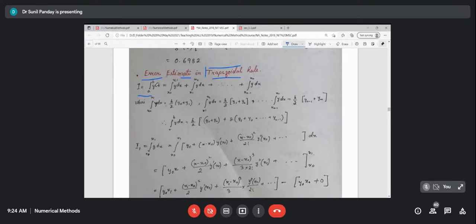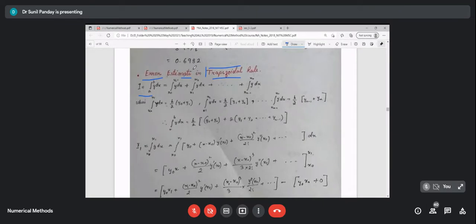We already know that we have to calculate the integral from a to b of y dx. To calculate this, we subdivide the interval, and then each sub-integral is approximated by the trapezoidal rule. Then we add the values of all the sub-integrals, and we get the composite trapezoidal rule.